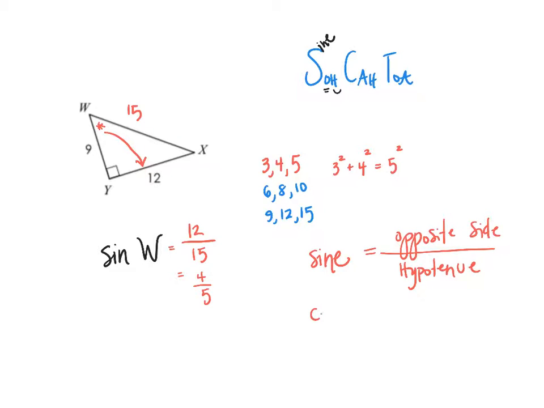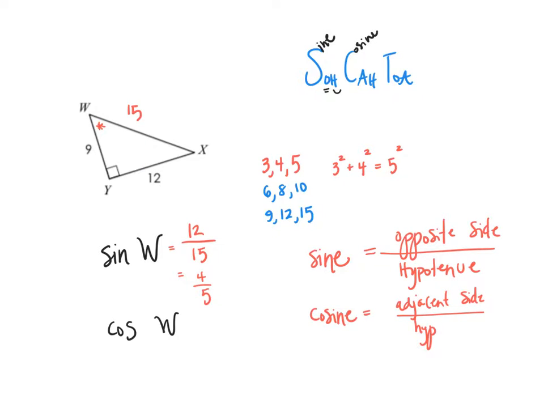Now then the definition of cosine, that's where the CAH comes in. And so we can represent the cosine of an angle as the adjacent side over the hypotenuse. So in this case, let's take the cosine of W. Now I'm going to erase some of the things that I had put up there.